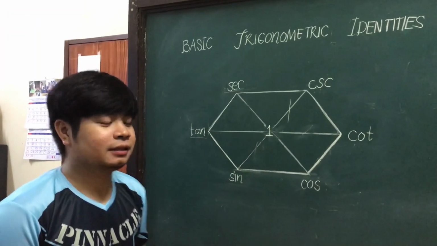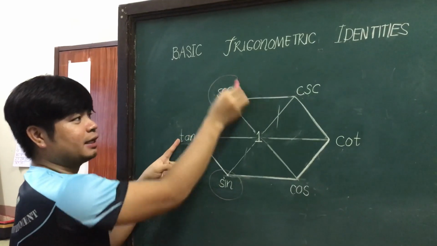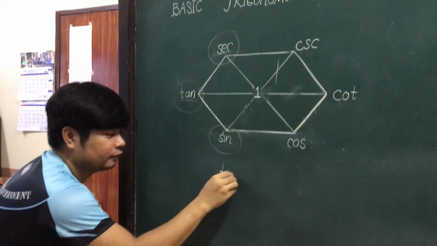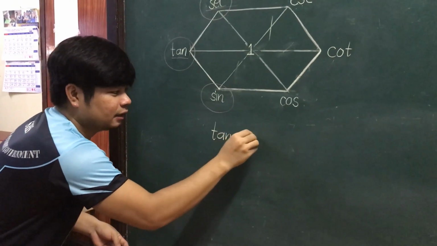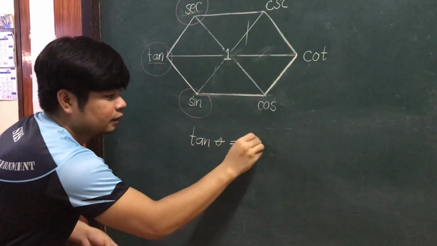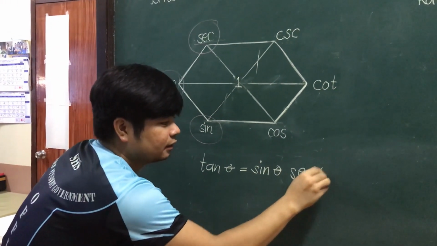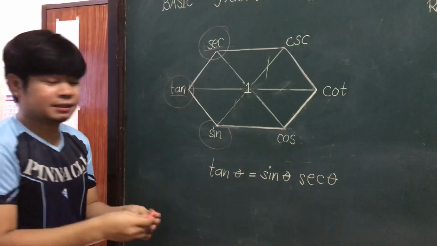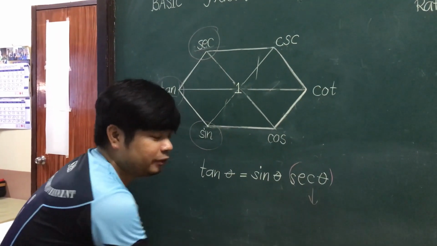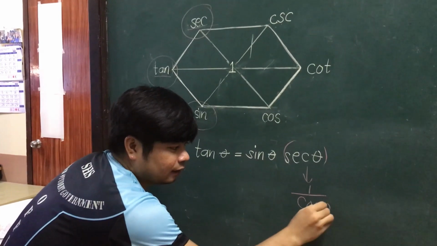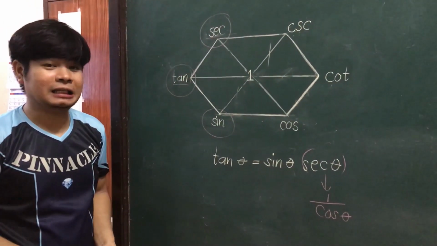So let us prove that sine times secant is equal to tangent theta. So let's have tangent theta is equal to sine theta times secant theta. Remember that secant theta can also be written as 1 over cosine theta through the reciprocal identity.